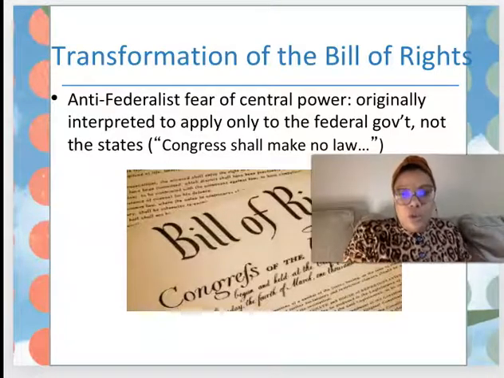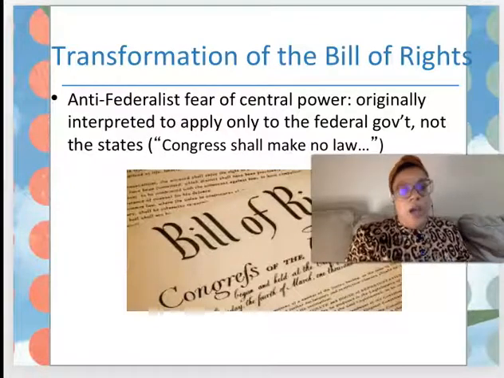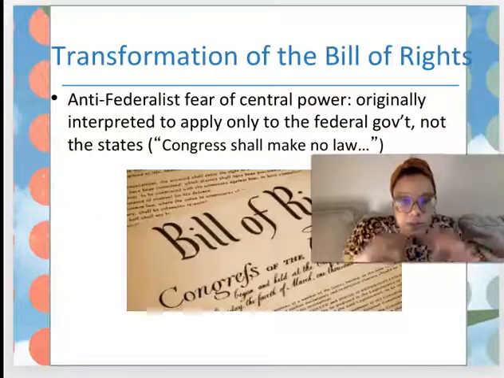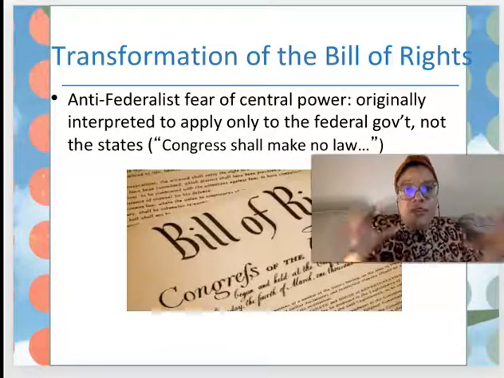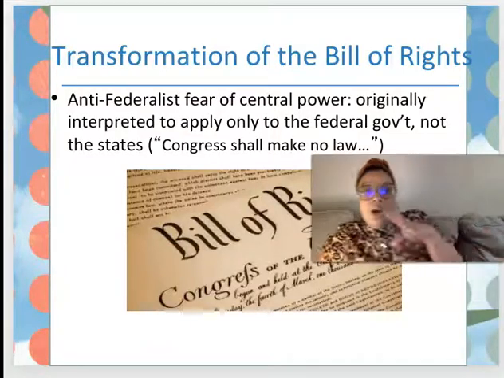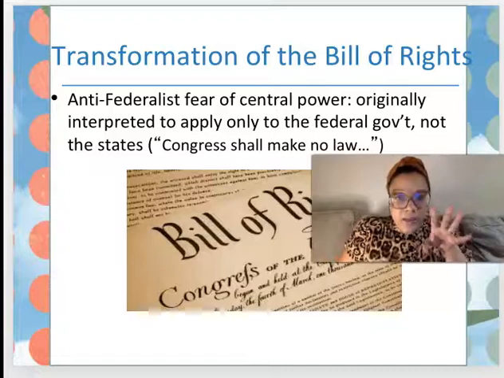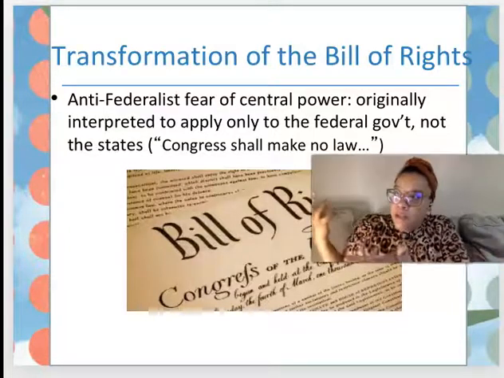The Anti-Federalists were fearful of central power. Originally, the Bill of Rights was interpreted to apply to the federal government, because it comes out of the federal government, not the states. Congress shall make no law.